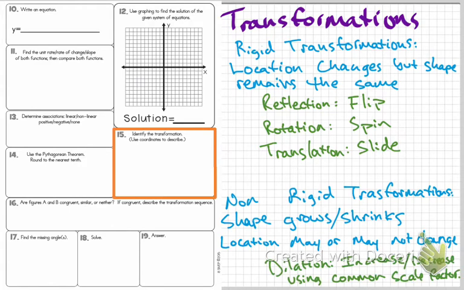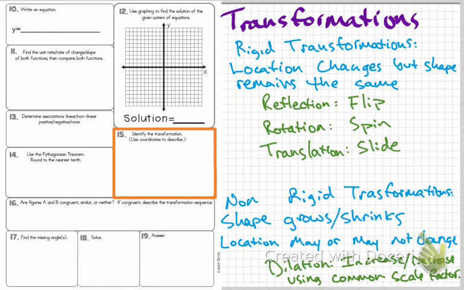For our non-rigid transformations, we're going to have what's called a dilation. A dilation is going to be the increase or decrease of the size of the shape using a common scale factor. One of the things that's really important here is that the shape itself is changing its size, but it will never change the shape.